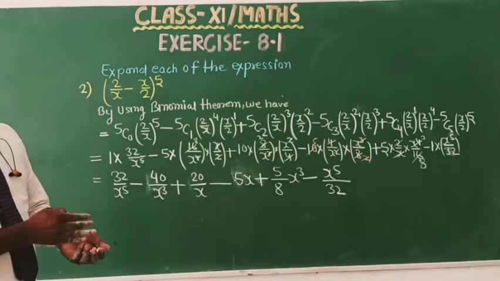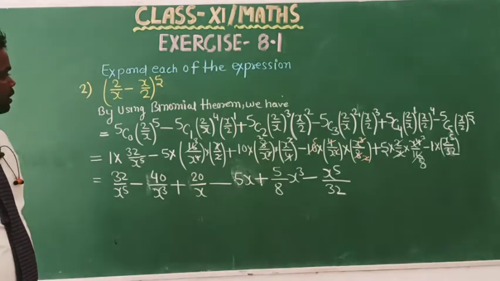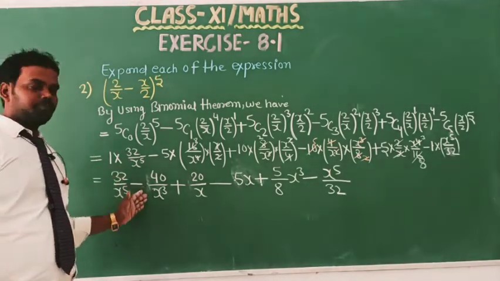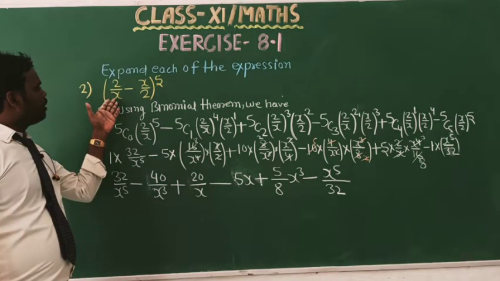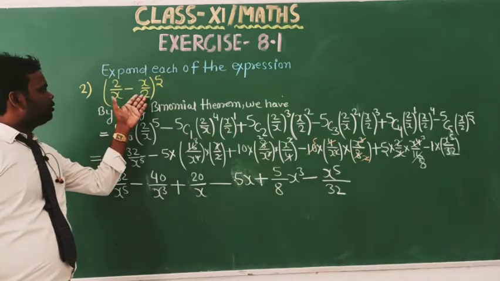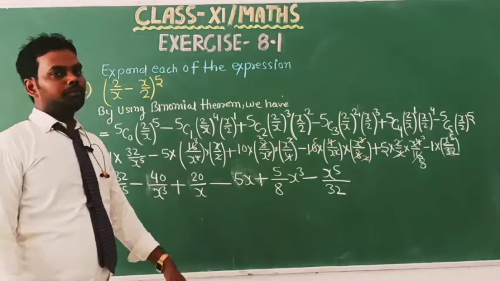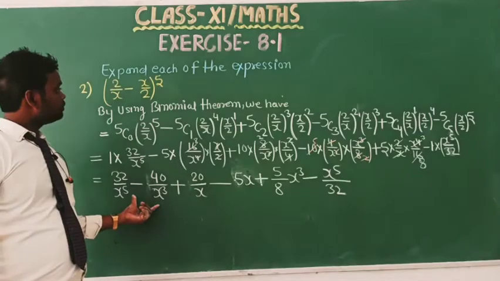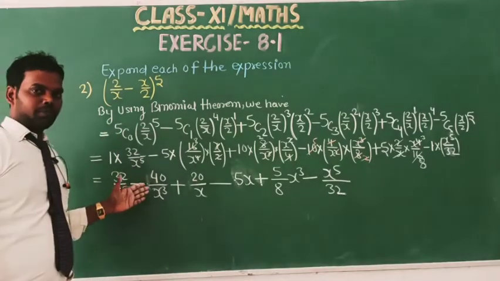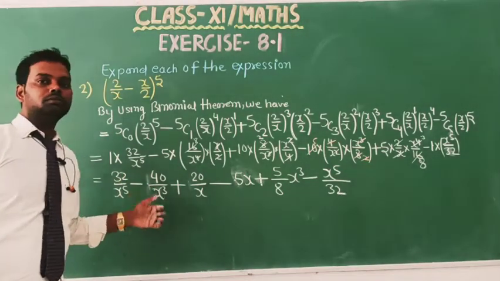Okay, so this is the expansion of the binomial (2/x − x/2)^5. So this is the solution of question number 2.